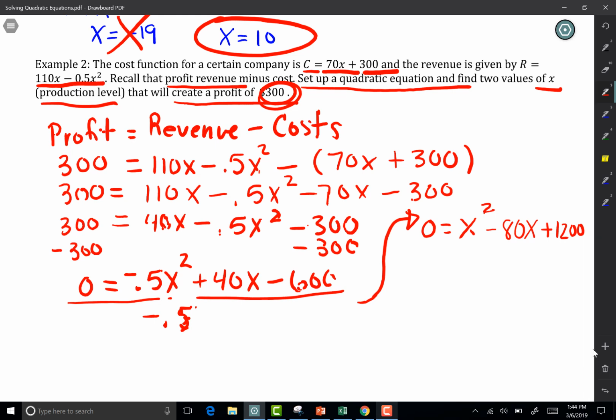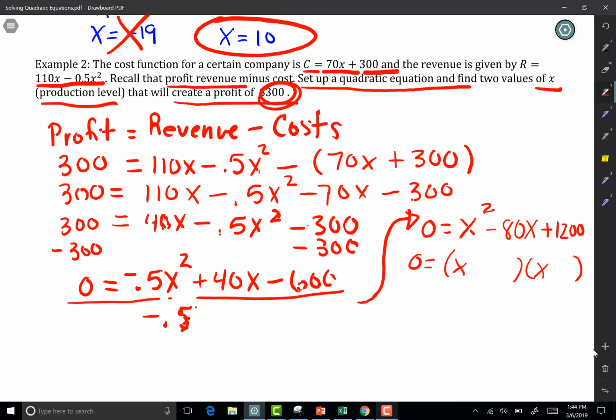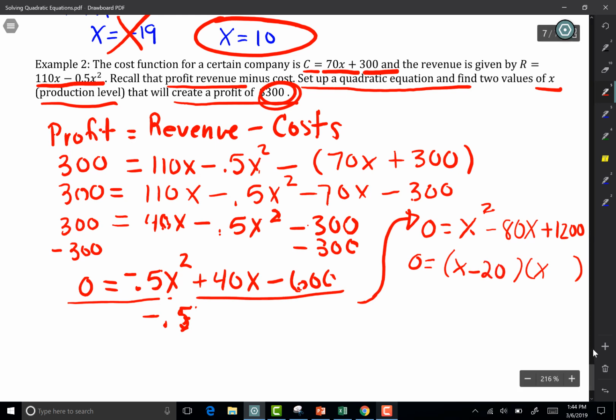Okay, now if I factor this, it's a little bit easier without that negative 0.5 in the front. Let's see, I want something to multiply to give me 1200, but to add to give me a minus 80. So let's do minus 20 and minus 60.